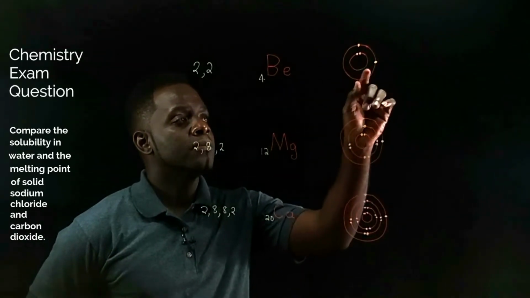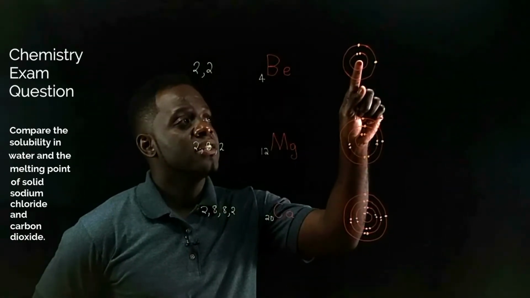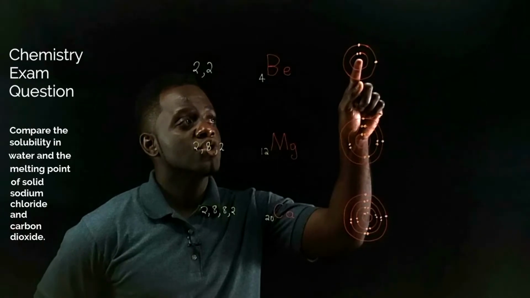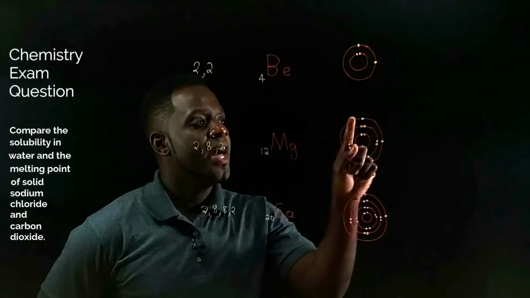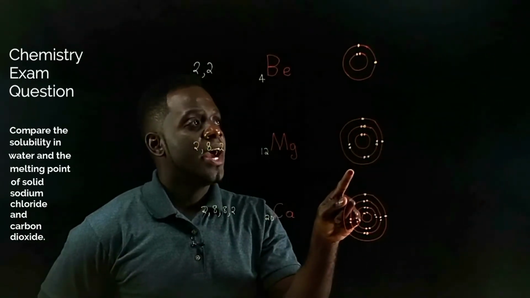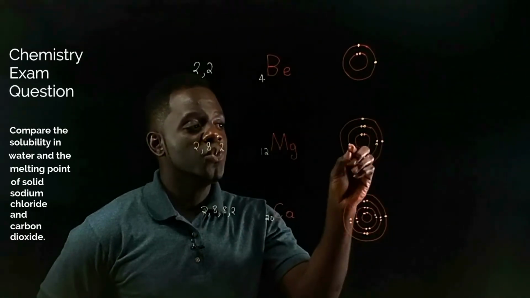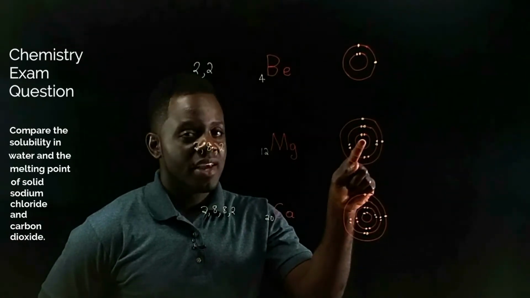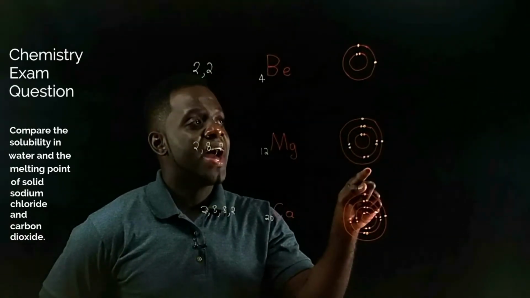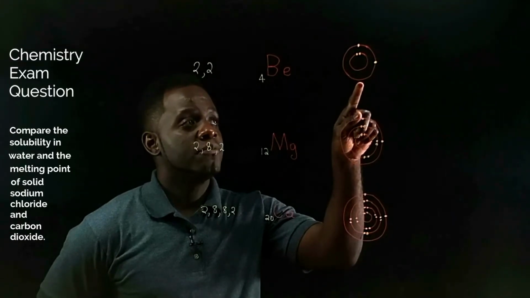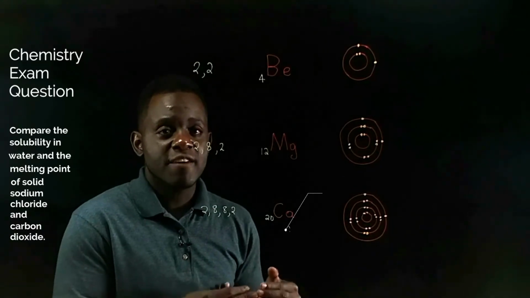Now, for beryllium, the attractive pull between the nucleus and the valence electrons is stronger than the attractive pull between the nucleus for magnesium and its valence electrons. And that is because there are more electrons between the nucleus and the valence shell for magnesium than there are in beryllium. And that is described as shielding effect.